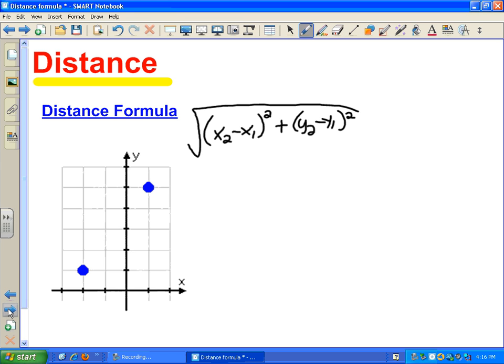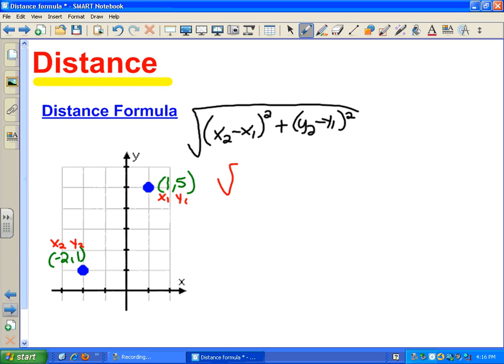My first value is at 1, 5. And the value over here on my left is -2, 1. So I'm going to plug those into the distance formula. Here's x1, here's y1, here's x2, here's y2.